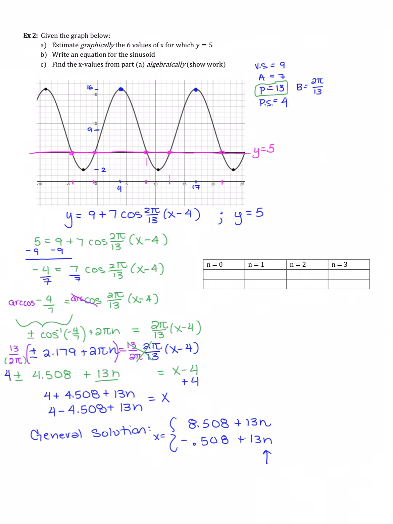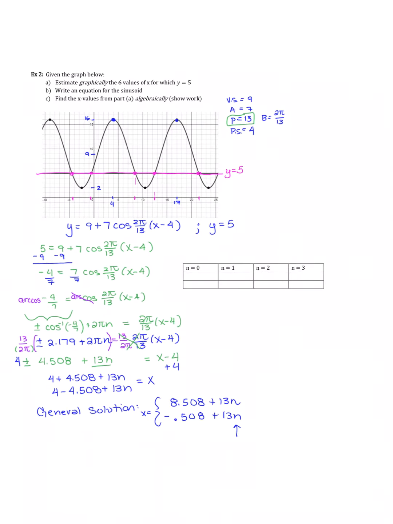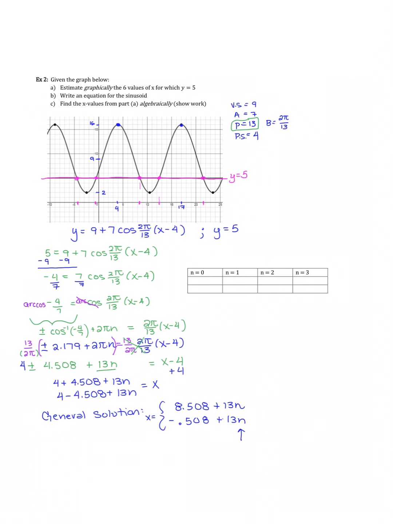All right, so if I put it into this table, when n is 0, I'm going to do smallest to largest. So I have my negative 0.508 and I have my 8.508. And then what I'm doing basically is I'm adding 13 each time. When n is 1, that's 13. When n is 2, that's like adding another 13 or 26. So I just add 13 to the previous, and I like to just fill out the row.